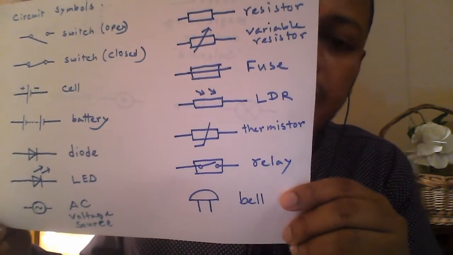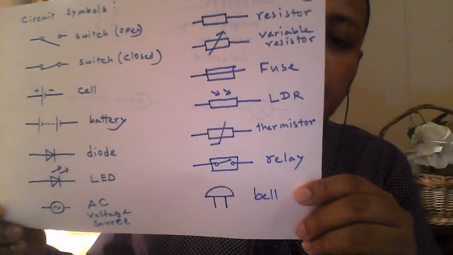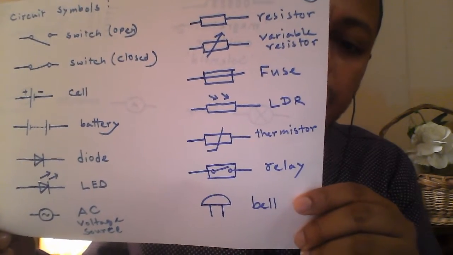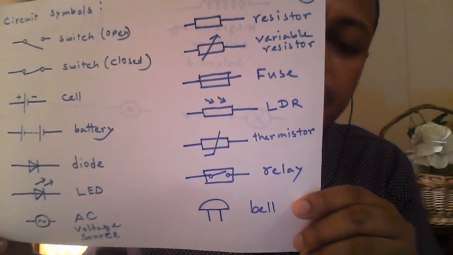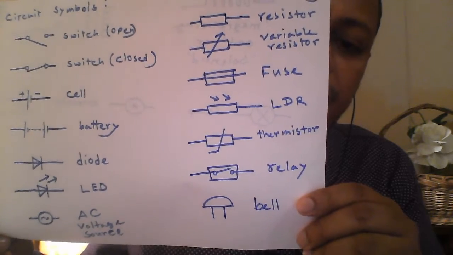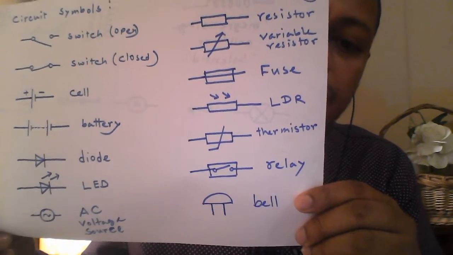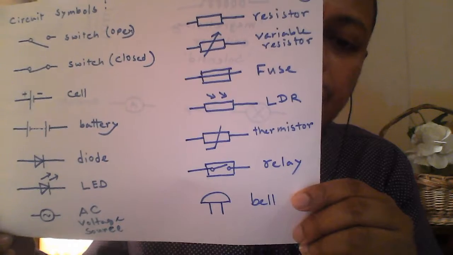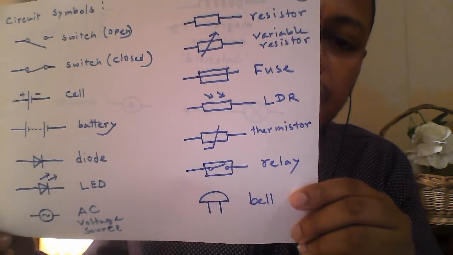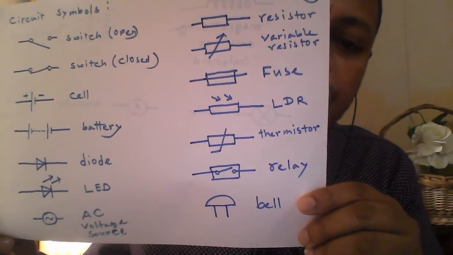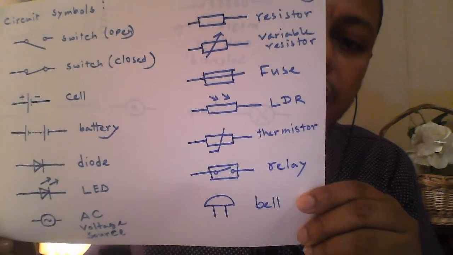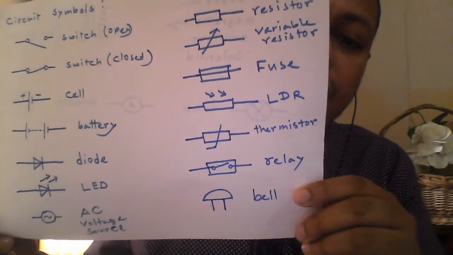Now LDR, already in the previous video you got the idea of LDR, that is light dependent resistor. So here we got resistor, and above it we have two arrows which shows that this resistor depends on light intensity.